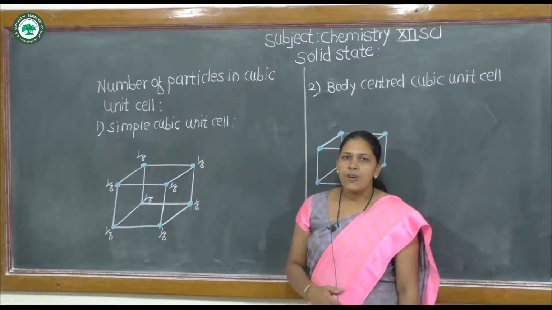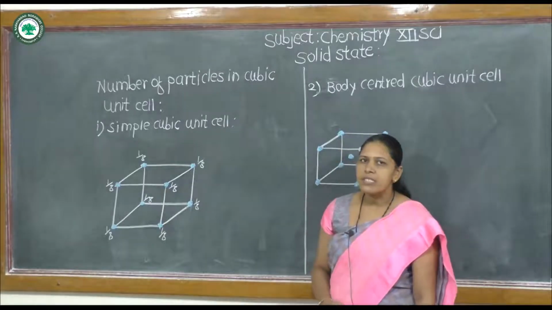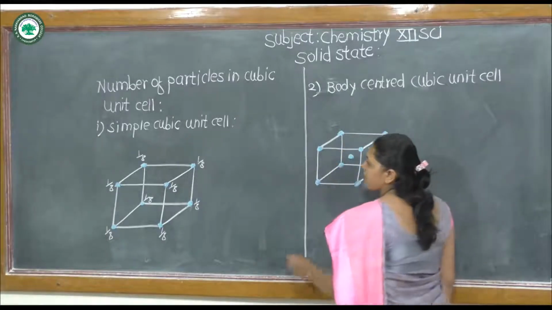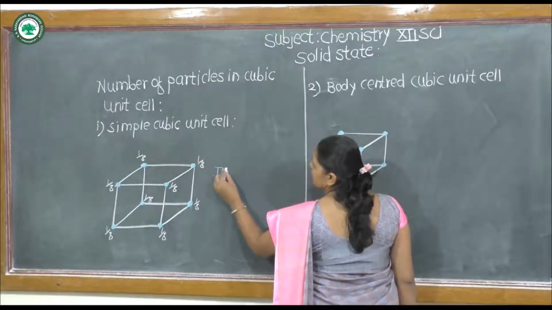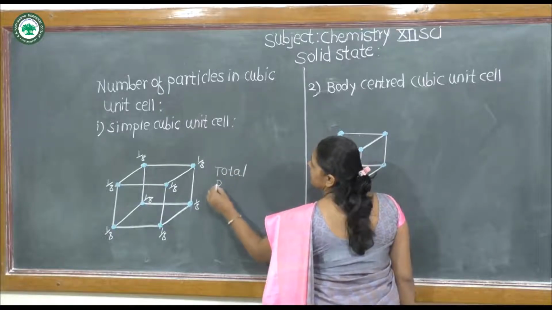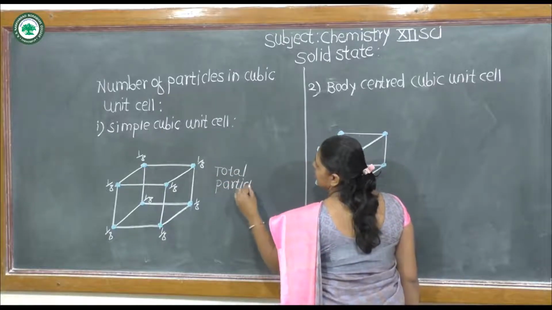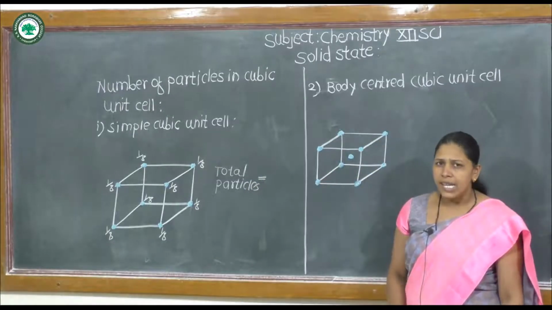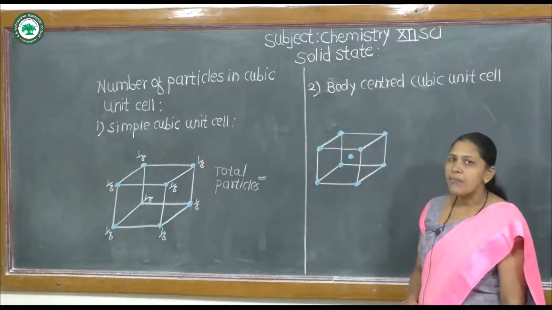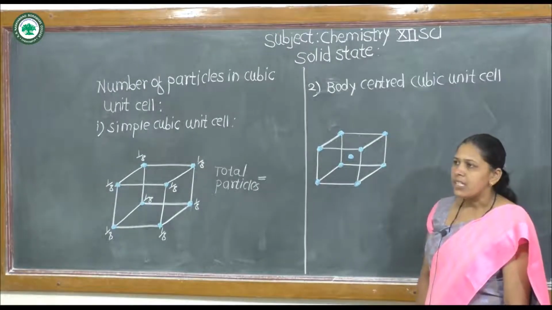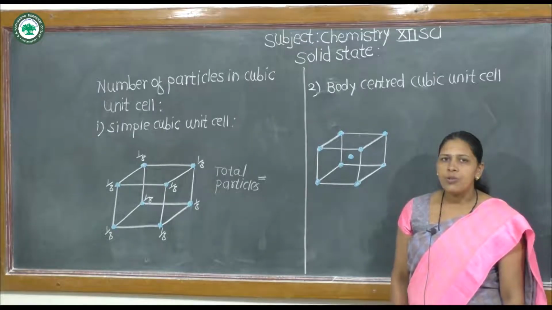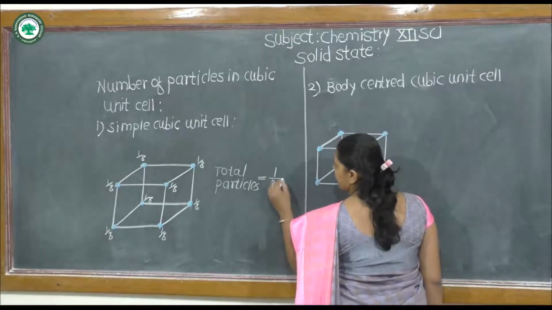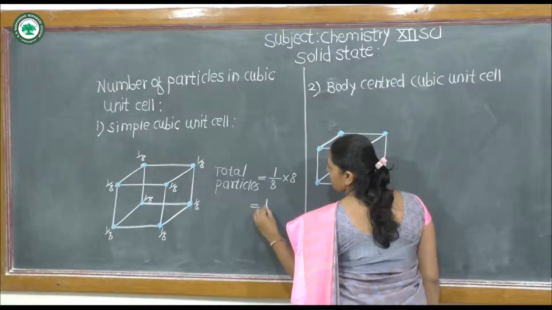Therefore, the total number of particles in the simple cubic unit cell is calculated as: total particles is equal to 8 corners, but at each corner only 1/8 particle is present because the particle is shared with neighboring unit cells. Therefore, 1/8 multiplied by 8 is equal to 1.